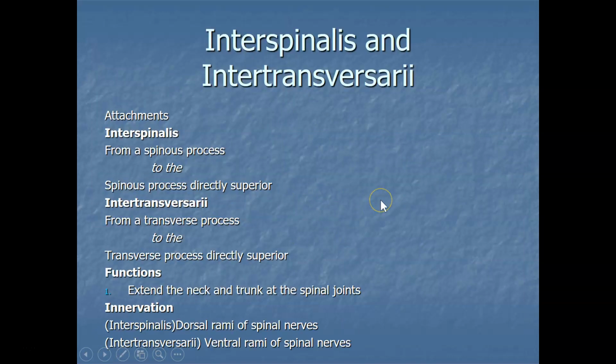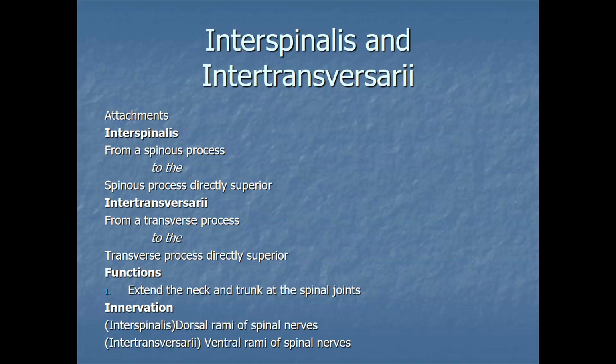So its attachments then, interspinalis is from a spinous process to the spinous process directly superior to it. And the intertransversarii is from a transverse process to the transverse process directly superior. So these muscles are very short. They only run from one segment to the next. Generally, their function is to extend the neck and trunk at the spinal joints. The slight difference is interspinalis is innervated by the dorsal rami of the spinal nerves.